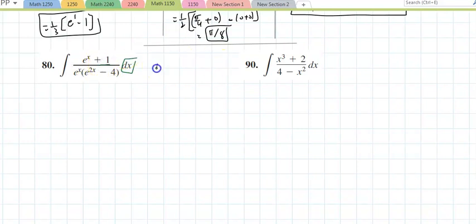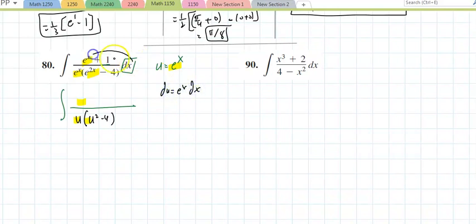So if I let u equal e to the x, okay, that seems to be okay, because there is u, that would be u squared minus 4, and I know if I take a derivative, I'll get e to the x dx. I could have saved it for this, but we have a number floating around which prevents me from doing that.